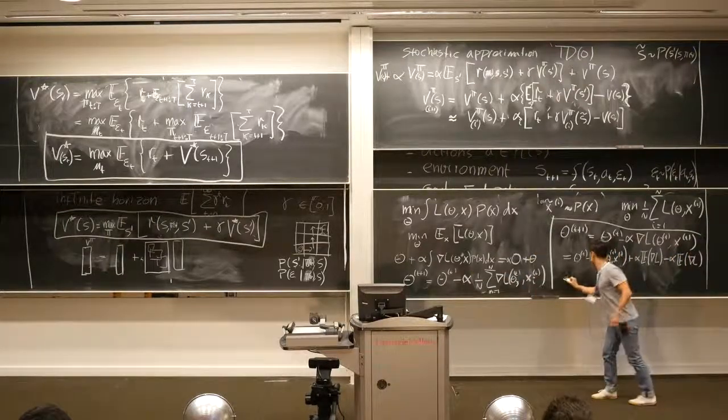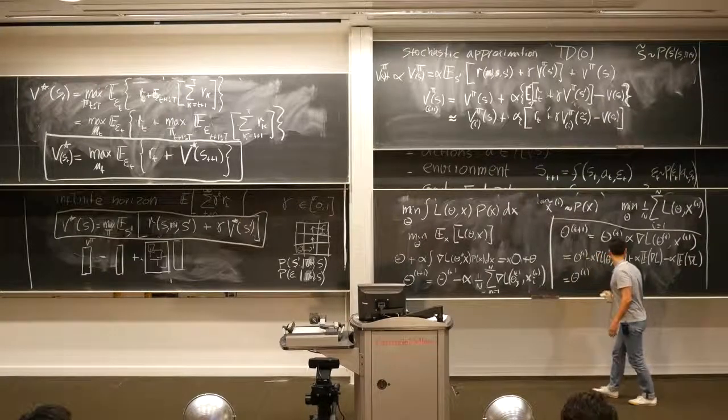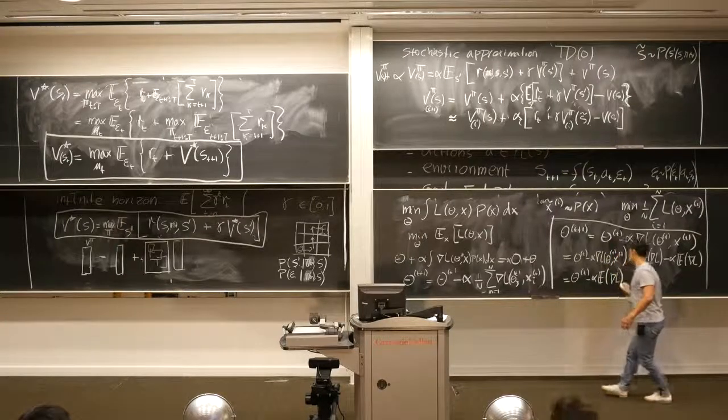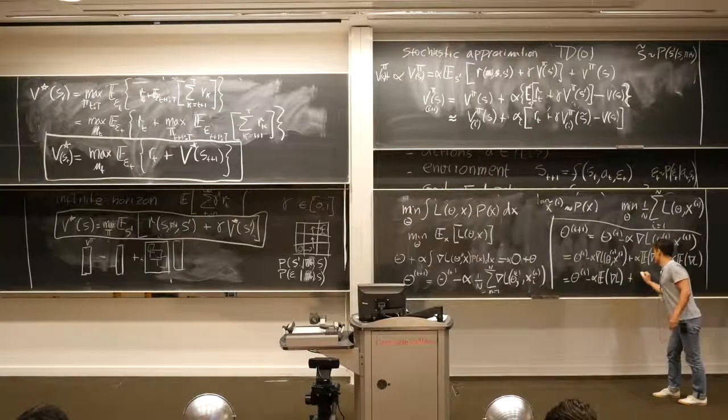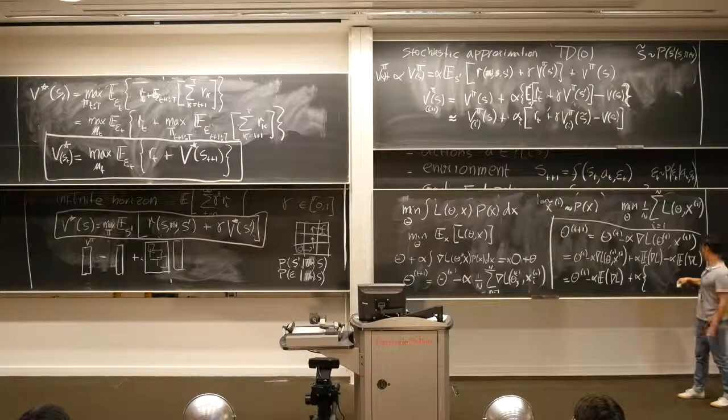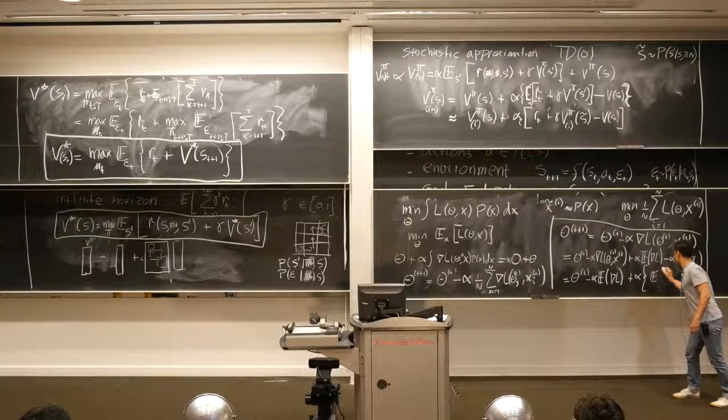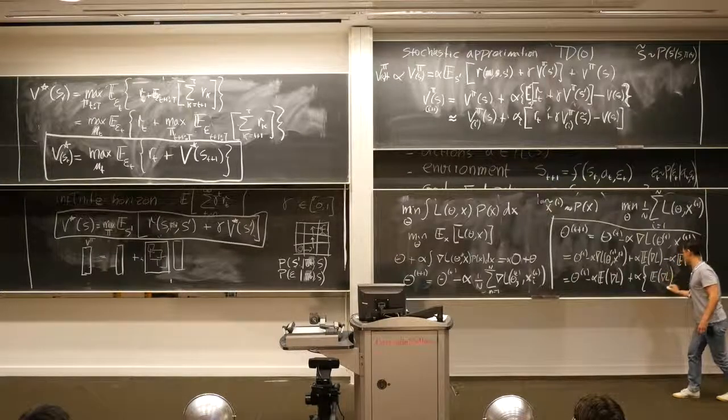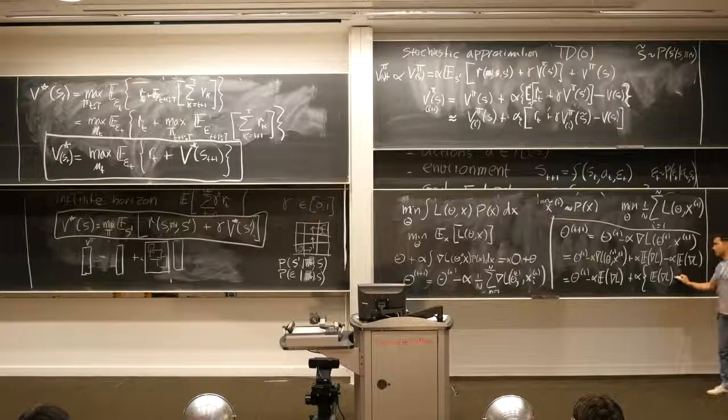And so I can rewrite this as theta t minus alpha, the expectation of grad L, plus alpha times this difference: the true gradient, that is the gradient if I knew all the data of the universe, minus the gradient when I only know one single data point. Okay, and I'll close that bracket.